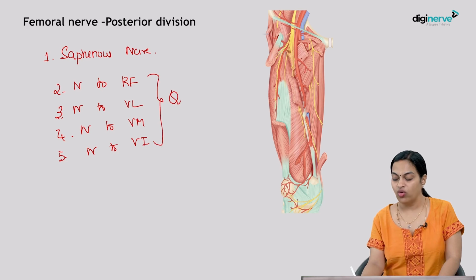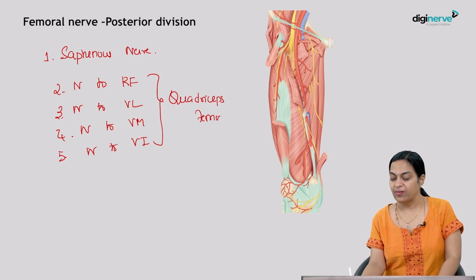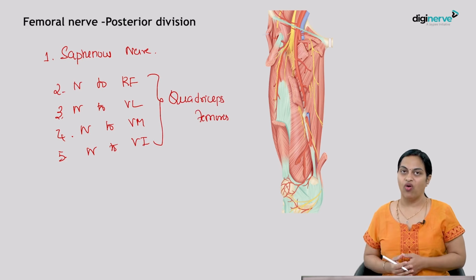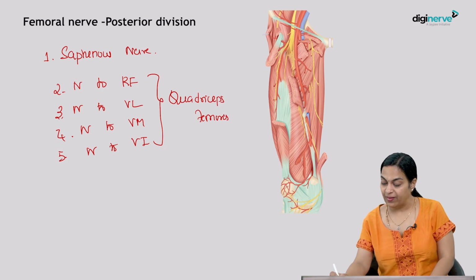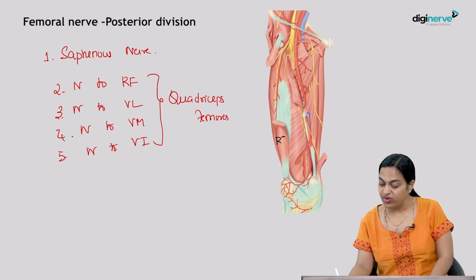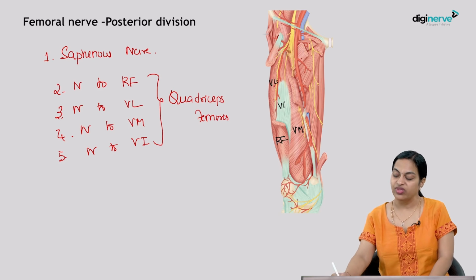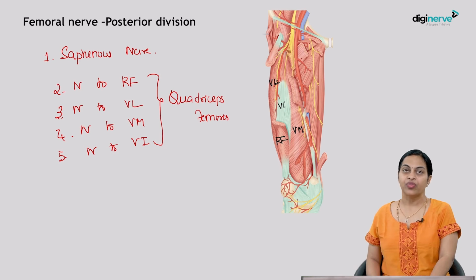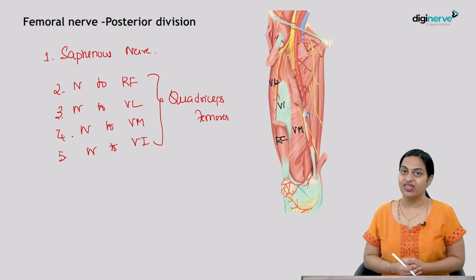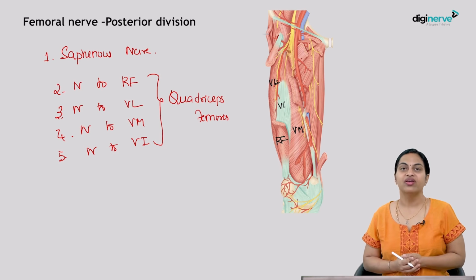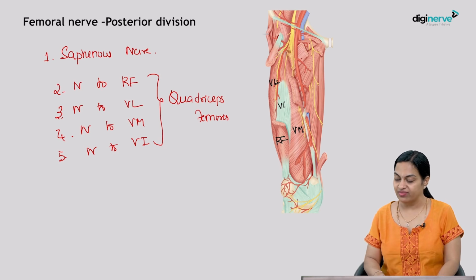These are all the four components of quadriceps femoris, the largest muscle in the body over the front of the thigh. So this is the rectus femoris, beneath it vastus intermedius, medial to it vastus medialis, and lateral to it, this one is the vastus lateralis. All these are innervated by branches coming from the posterior division of the femoral nerve.